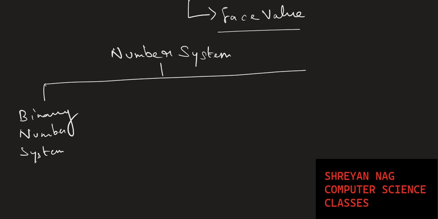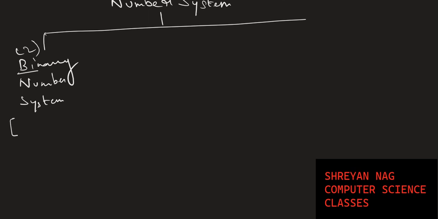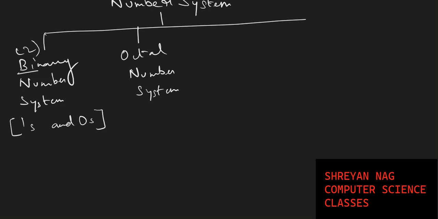Binary stands for bi, meaning 2, so it deals with just two numbers, ones and zeros. Then comes the octal number system. Oct means 8, so it deals with 8 numbers, starting from 0 to 7.